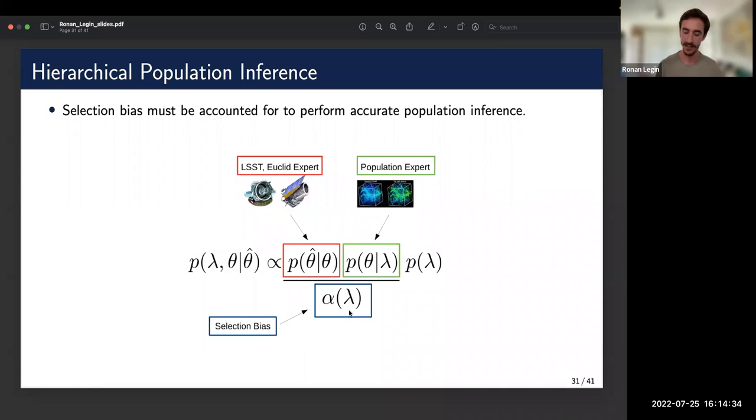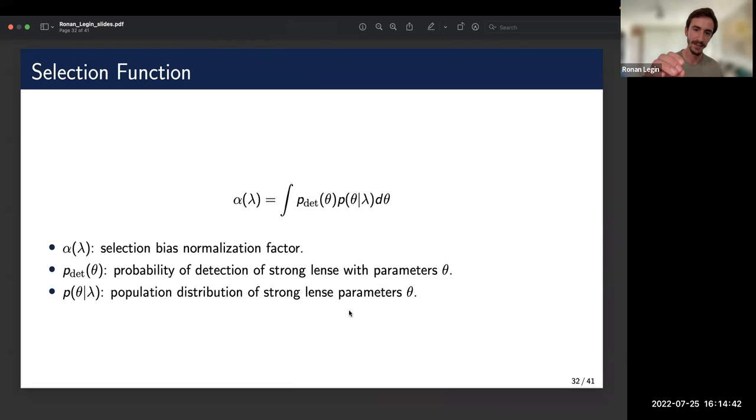You could think of it as the fraction of samples that would be discovered given a certain population distribution. Specifically, this normalization factor is an integral over the probability of detection of strong lenses with certain model parameters times your population distribution.